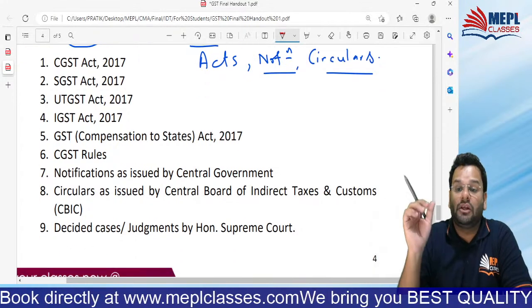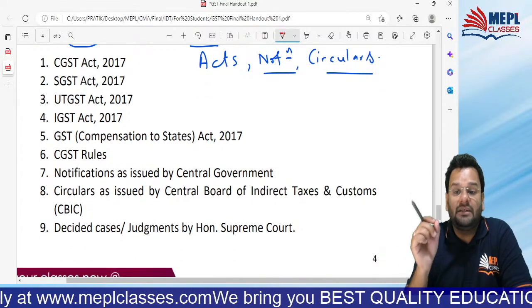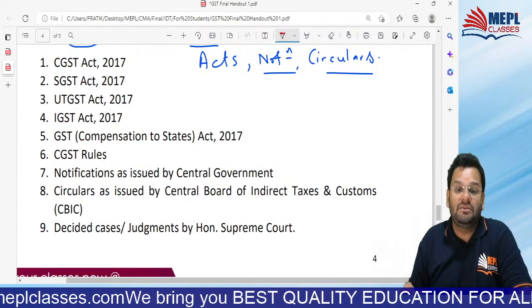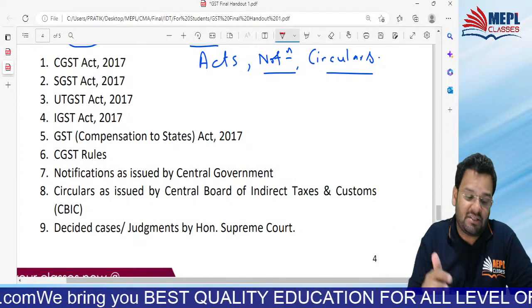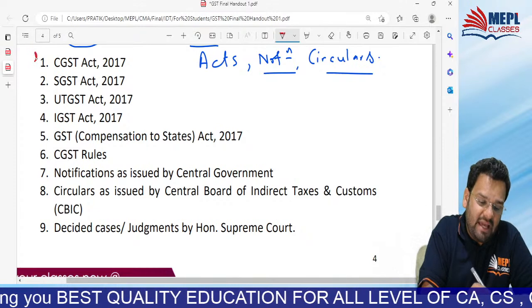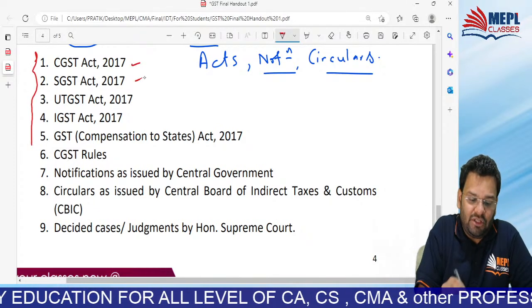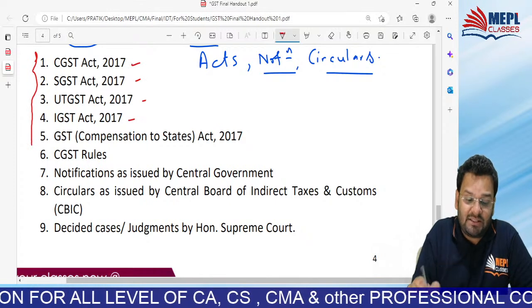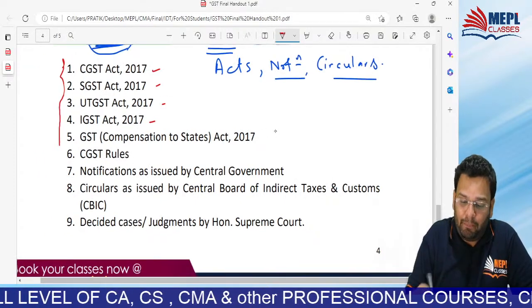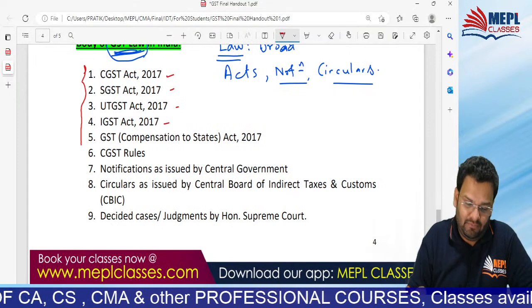You should have knowledge of the enactments made for GST, that is the CGST Act, SGST Act, UTGST Act, IGST Act, and GST Compensation to States Act.